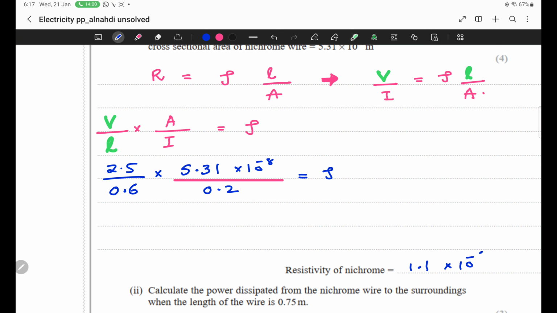1.1 exponent minus 6. And Banin, beta, do you know what is the unit of resistivity? Because in the last class, I told you the unit of resistivity. अच्छा चलिए आप लेट आई थी तो मैं आपको बता देता हूँ, रेजिस्टिविटी थी R A upon L. Beta, resistance is ohm, area in meter square, length in meter.